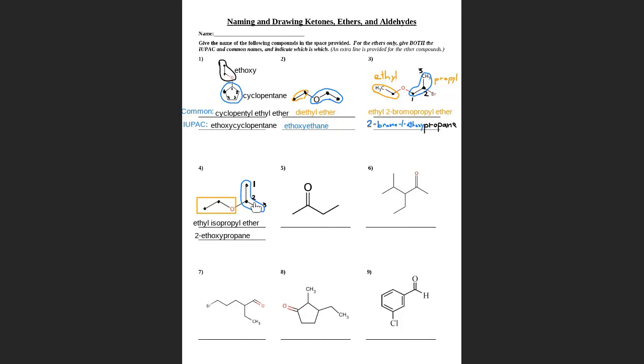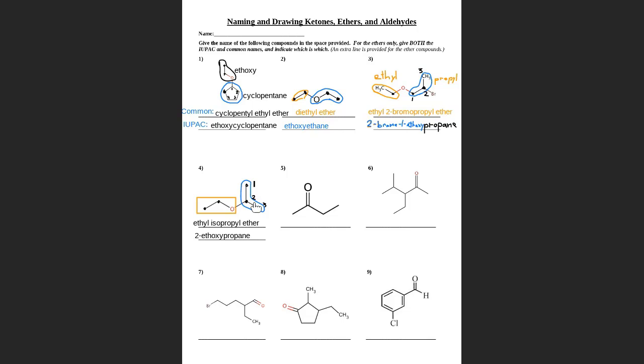So now we go to ketones and aldehydes. Now ketones and aldehydes differ in several ways, but appearance-wise, they differ only in one major way. Ketones and aldehydes both have a double bond to oxygen. However, ketones have the double bond in the middle of the chain, and aldehydes have the double bond to oxygen at the end of the chain.